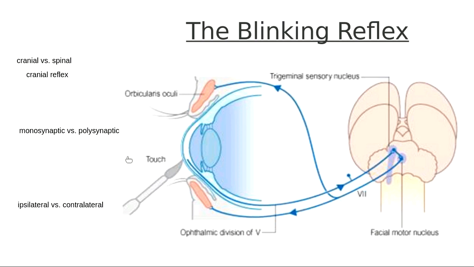Next way that we had to classify this was monosynaptic versus polysynaptic. Can we tell if this one is monosynaptic or polysynaptic? I got 2 votes, 1 each way. Help me out. Would this be monosynaptic or polysynaptic?